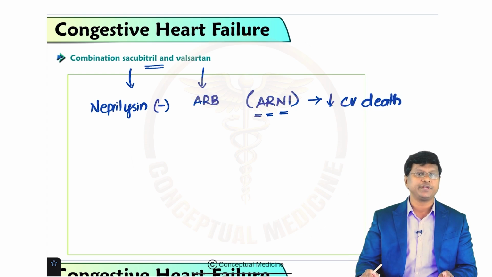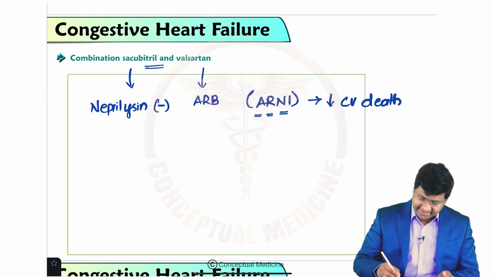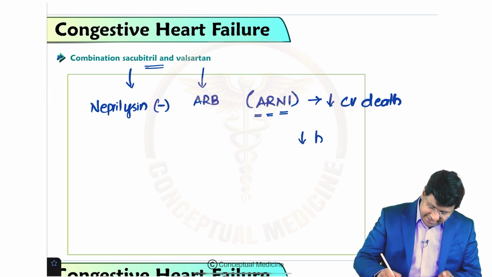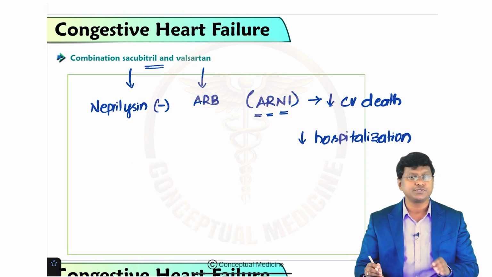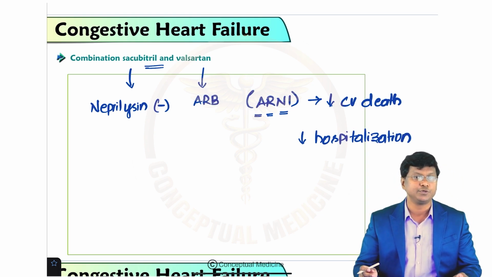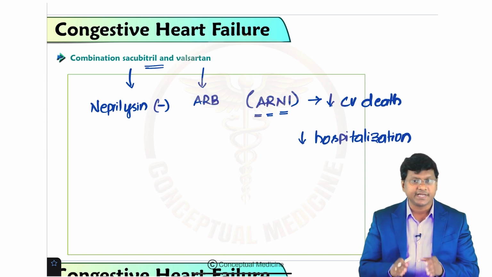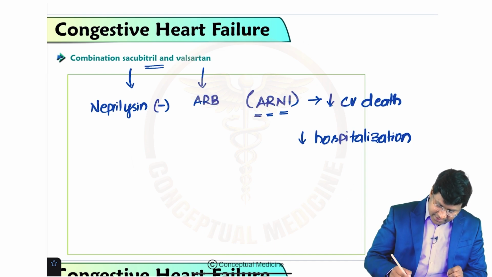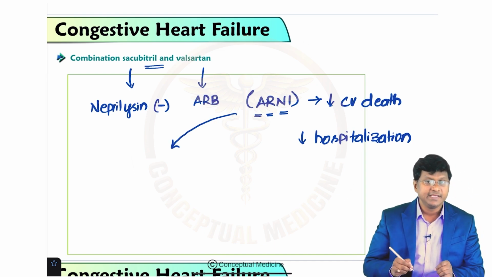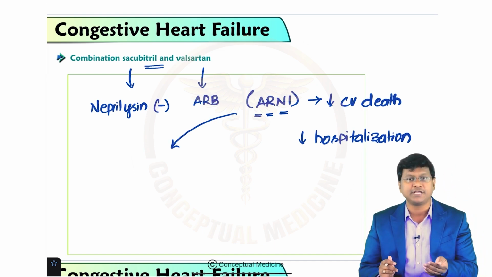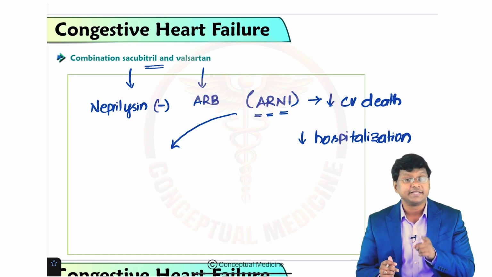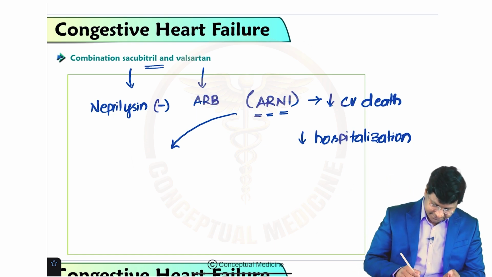Right, this has been shown to reduce the cardiovascular death, and this has been shown to reduce the hospitalization as well. It reduces hospitalization for heart failure by 20% of patients. And the trial which used this ARNI and proved that it improves outcomes is the Paradigm HF trial.